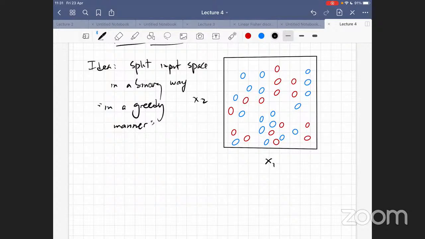This is like, for example, the traveling salesman problem, right?